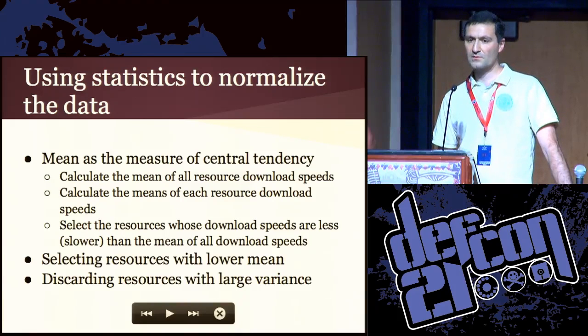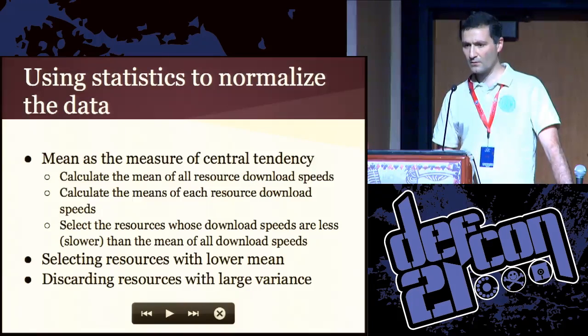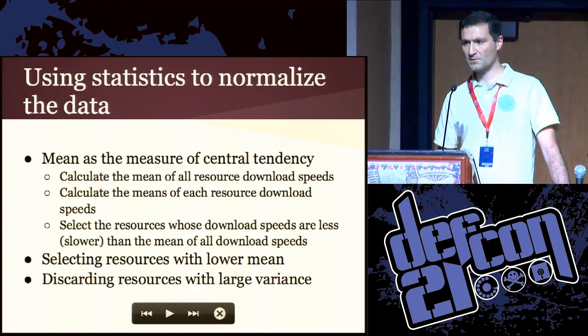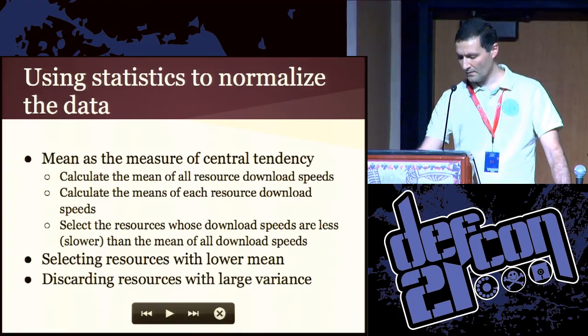We select resources that have slower download times or start to download times, and we think that this is related to CPU load. And the reasoning is that all the transfer delays, the network related ones, are the same for all the resources. And so if some resource has higher transfer time, that must be resource specific, and that makes it interesting.